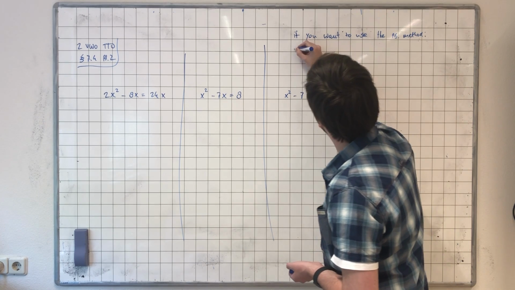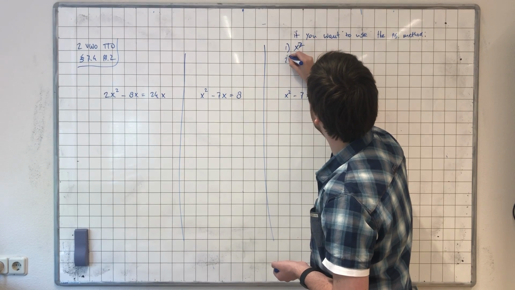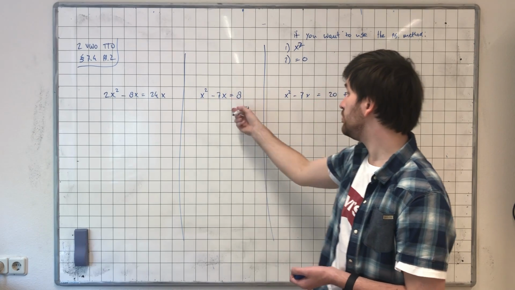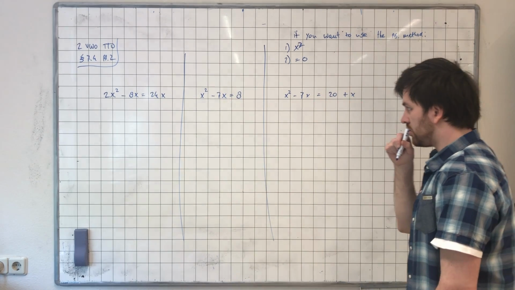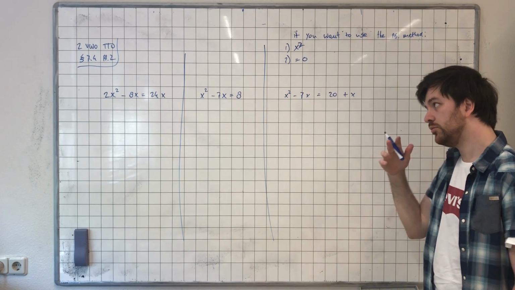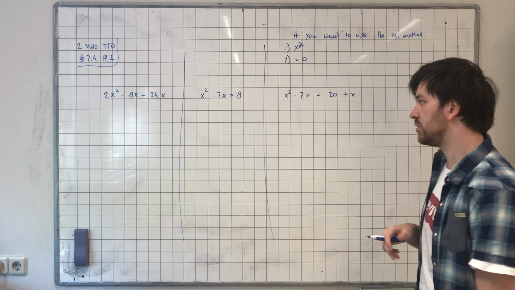Then you need x squared, that's the first requirement, and you need equals 0. In this case, we do have an x squared, but we don't have equals 0. So, can we just change this 8 into a 0? Of course not. We have to use the balance method from chapter 3 to move it across the equal sign.